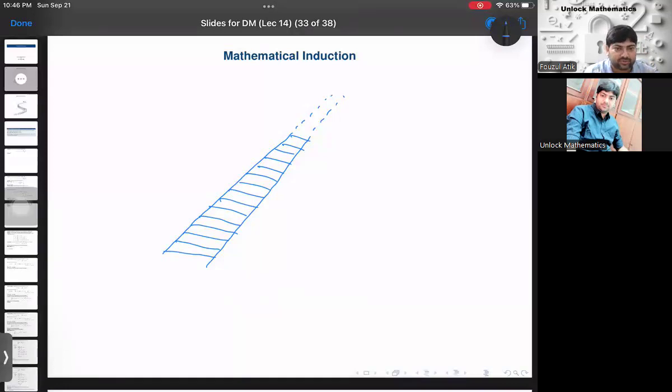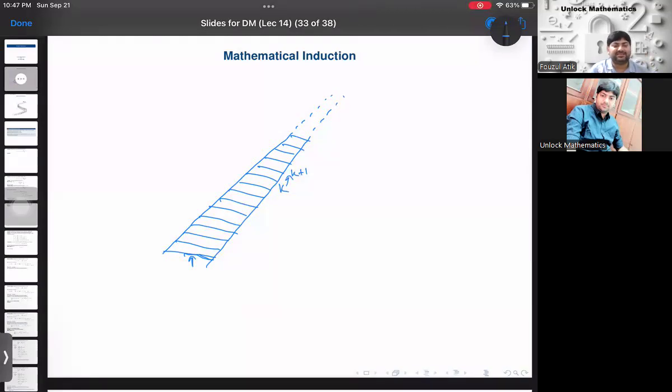You can go up to infinity. Now you have two kinds of capability. One is you are able to reach the first step, right? And you have one more capability: suppose you are at the kth step, you should be able to go to the k plus 1 step.